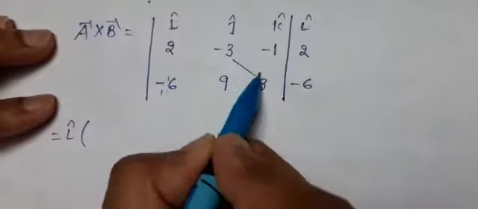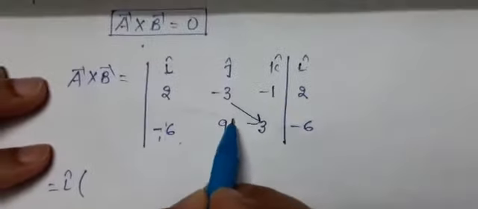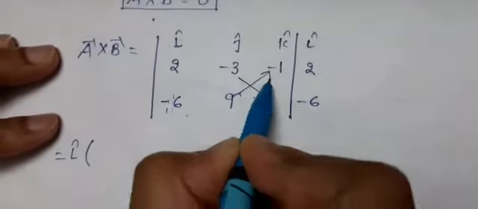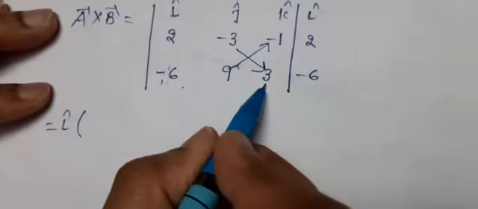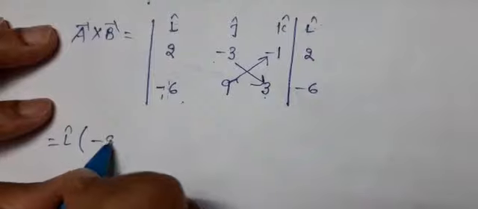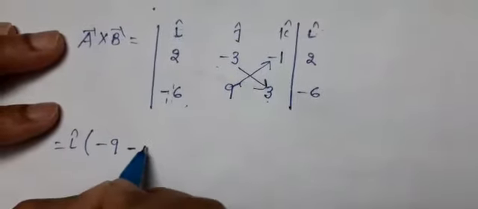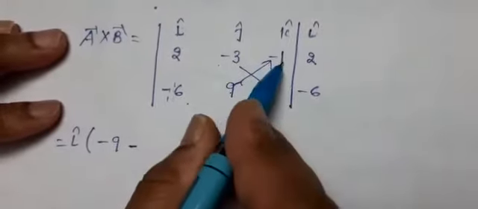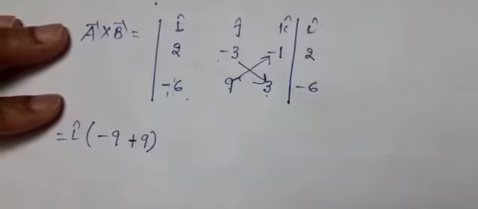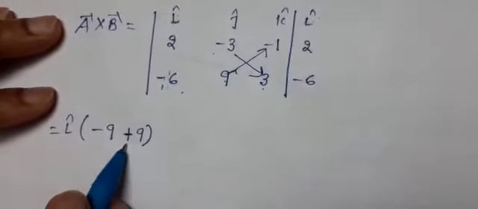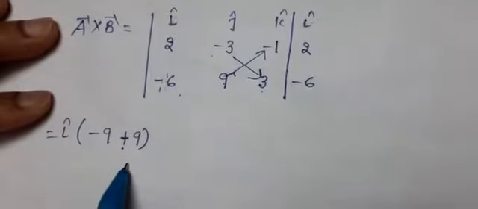So -3 cross 3, then minus sign, 9 into -1. How can I write? -3 into 3 is -9, then minus 9 into -1, so it will be +9. Minus minus plus. One minus is for the change of direction, change of sign.